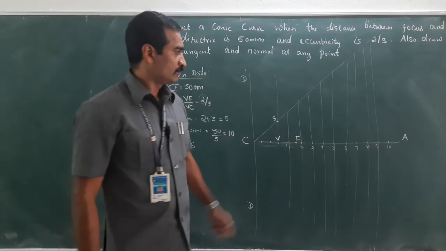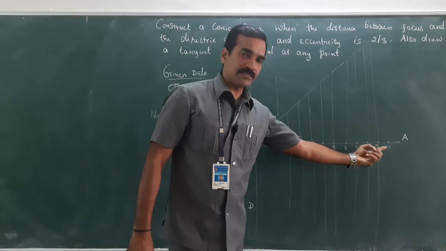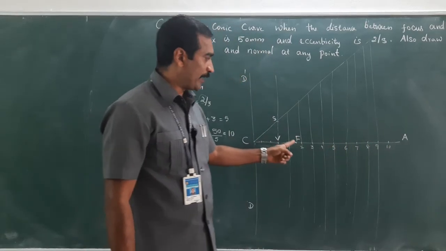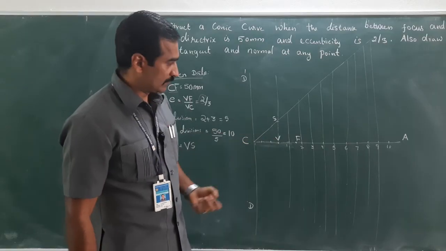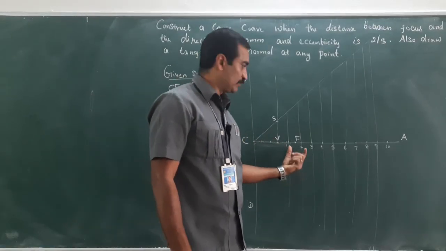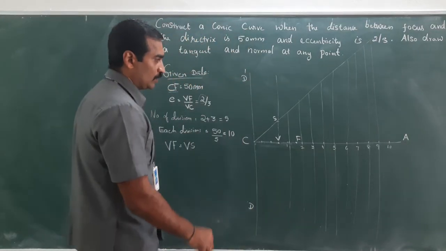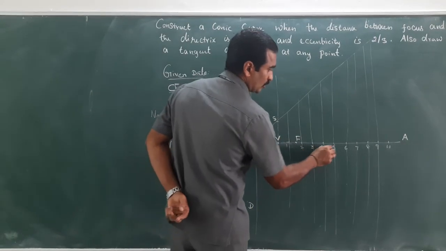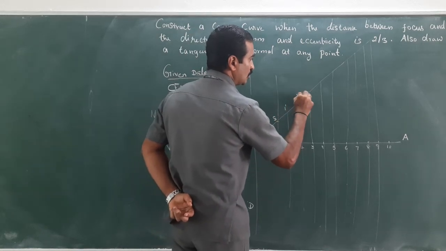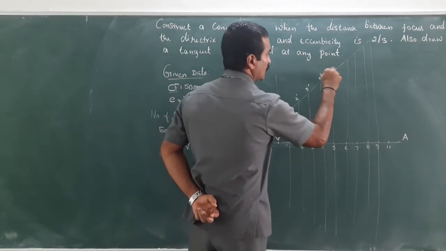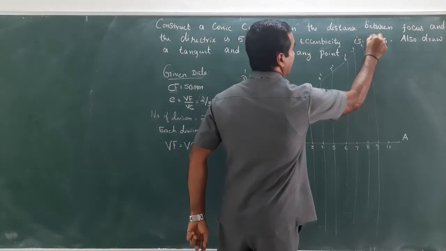Fine. What I did was, along the axis, I marked the points 1, 2, 3, 4, 5, 6 at equal intervals. I have taken 10 mm between these two lines. Right. Now let me name these points 1 dash, 2 dash, 3 dash, 4 dash, 5 dash, 6 dash, 7 dash, 8 dash and 9 dash.